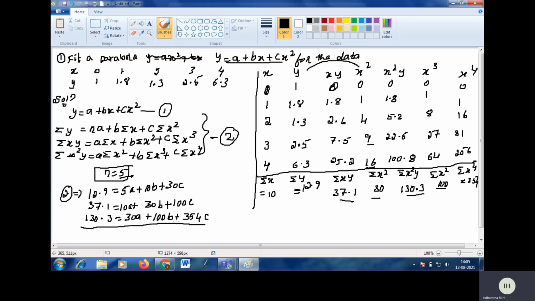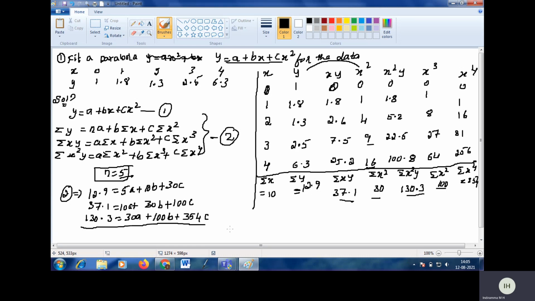Take your calculator. What is the degree of the equation? This is actually a linear equation with three unknowns. Solve the equations by substituting the coefficients.